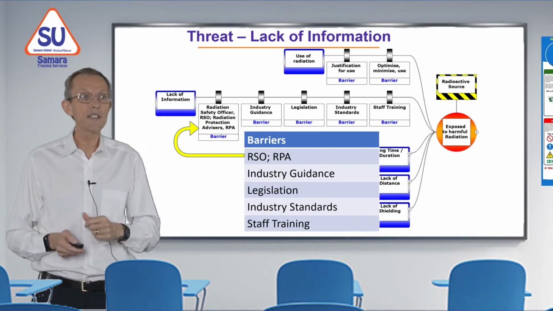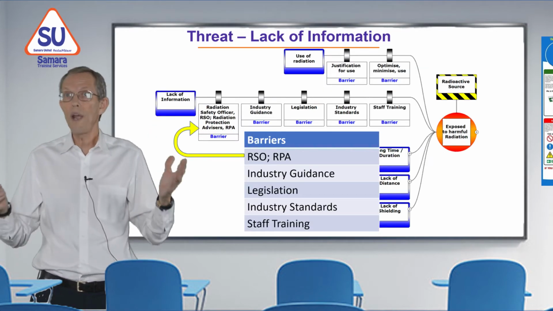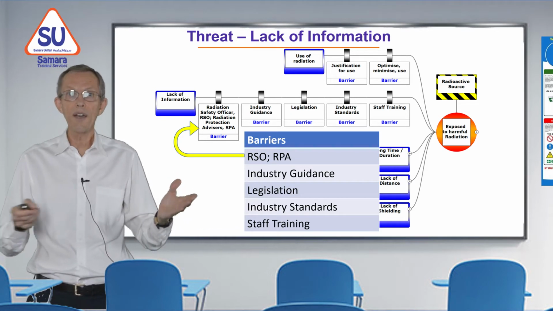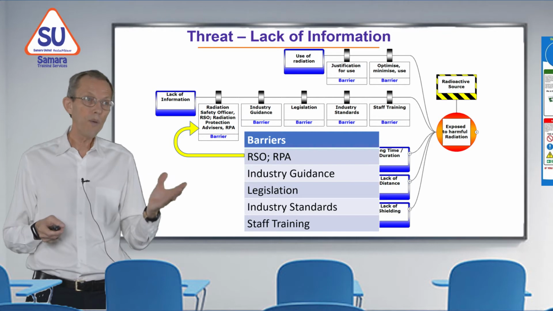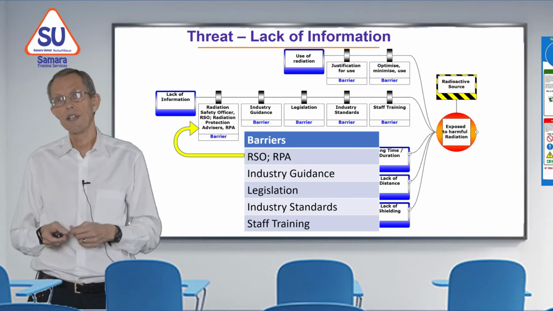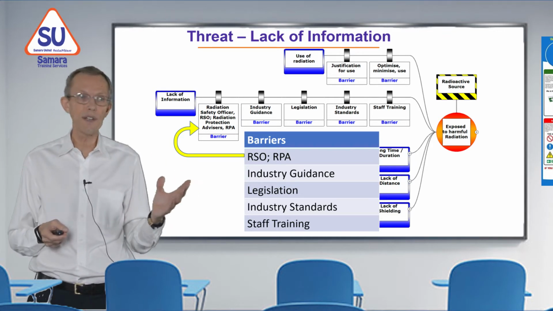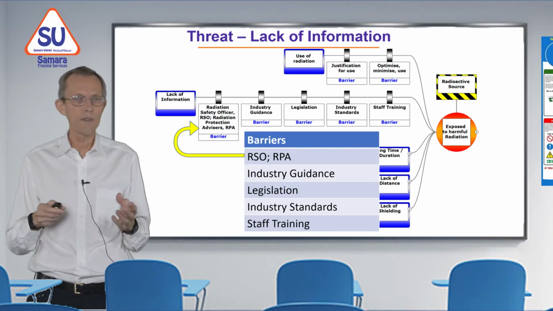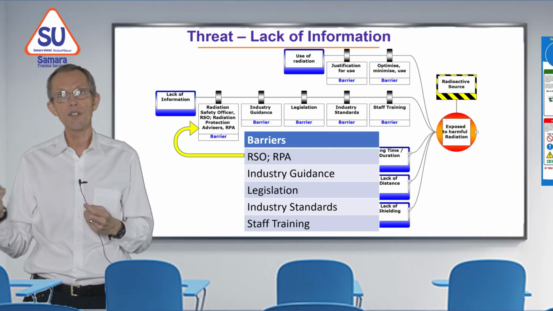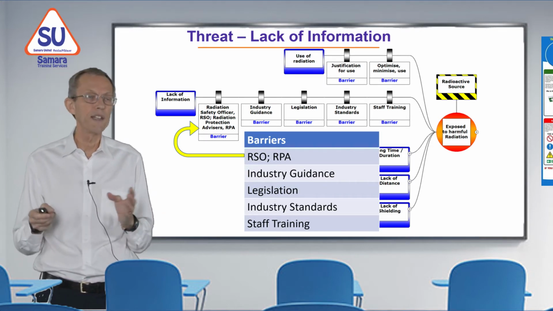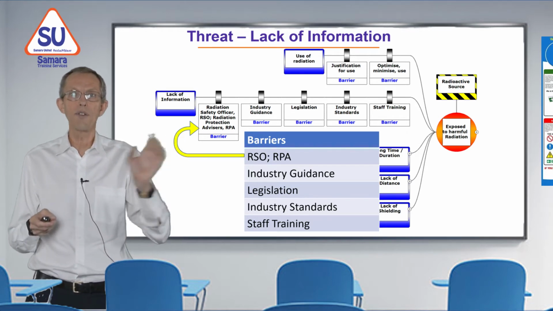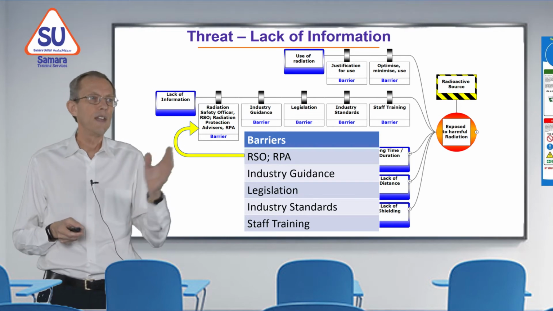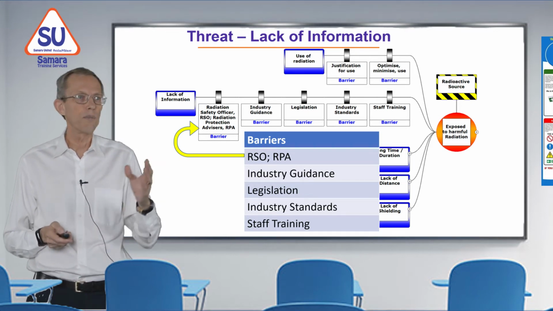The next one down is lack of information. Where can we get information about how to manage radioactive materials? Well, one way is to employ a specialist, a radiation safety officer, an RSO, or radiation protection advisor, an RPA, someone who's a specialist safety person with knowledge about radiation. We can get guidance from the industry.